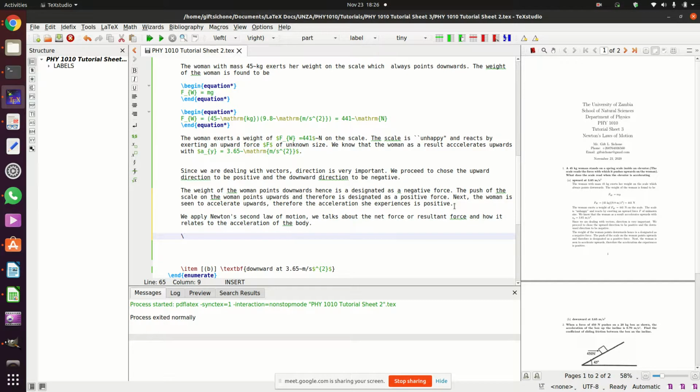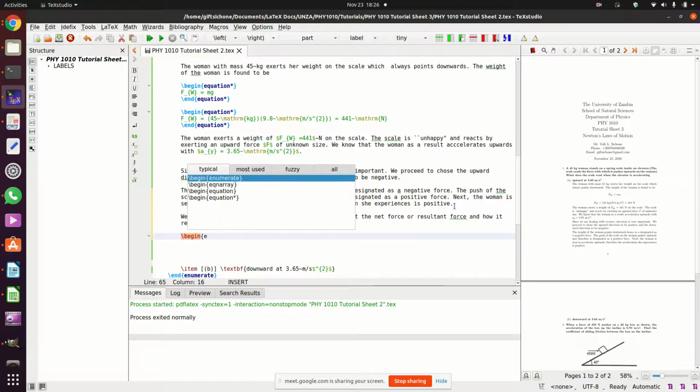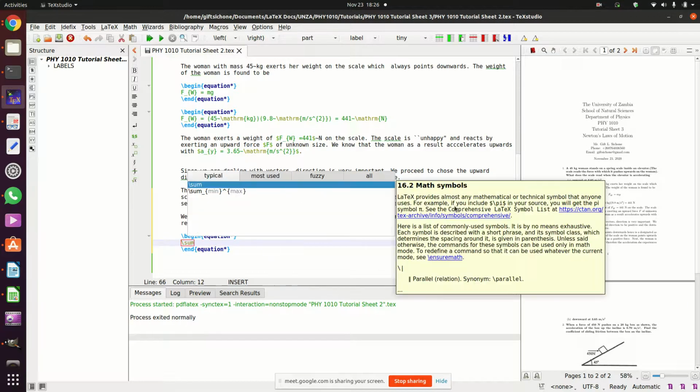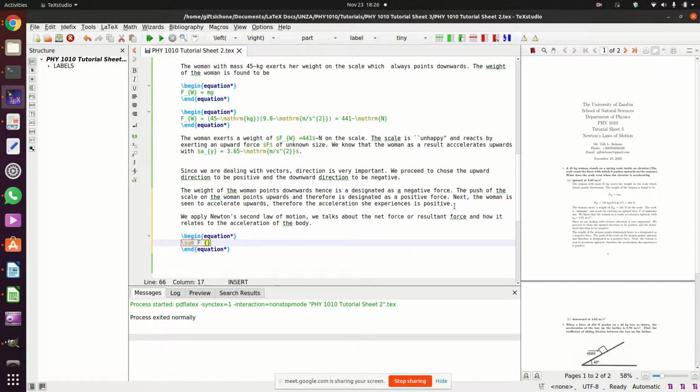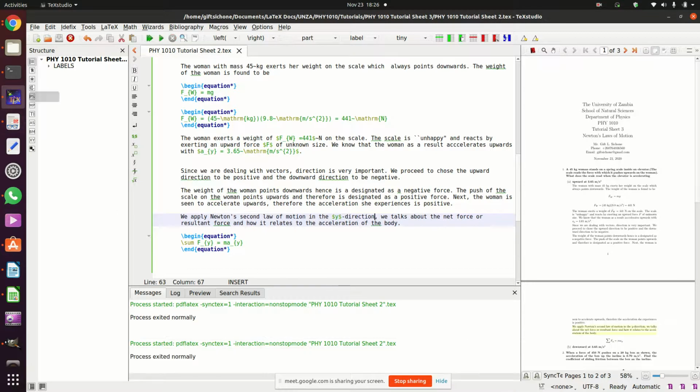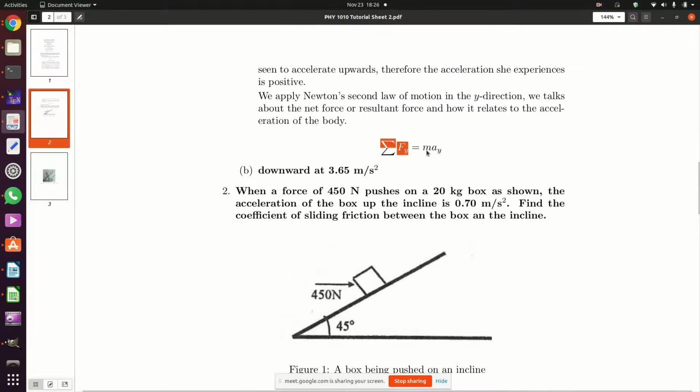So what does Newton's second law of motion say? So I'm going to write it. Now in the y direction, sum of F_y equals m a_y. We're applying Newton's second law of motion in the y direction. That's the only direction there is anyway. This is Newton's second law of motion.